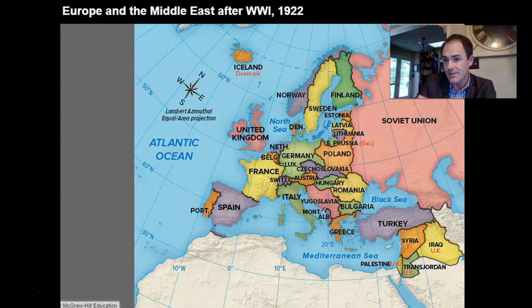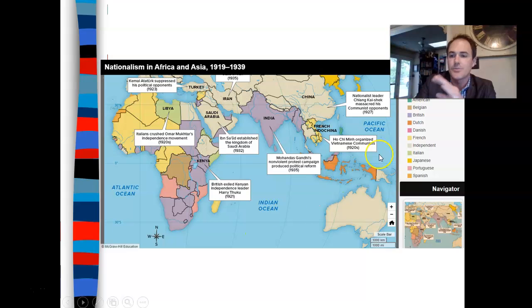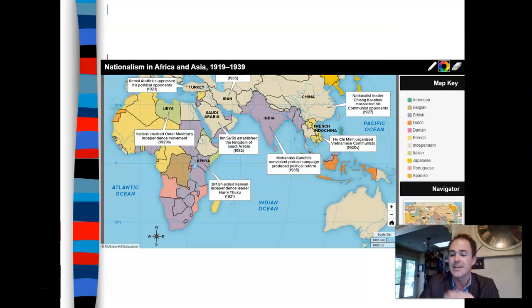Okay. Now, as a bit of review, before we revisit the map from 1946, let's remember also what's happening in the world between the wars. We didn't really talk about this much in class, but Western Europe still has its imperial possessions in Africa and in Asia. There is a growing independence movement as a result of nationalism in these areas. And you see here examples of that in the 1920s and then in the 1930s.